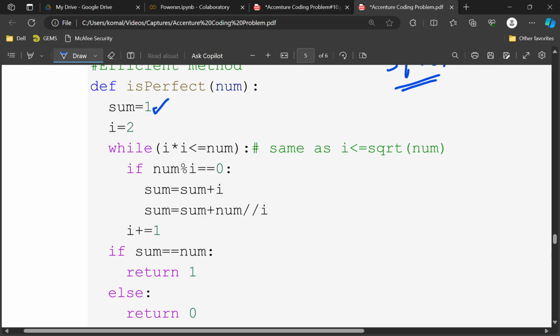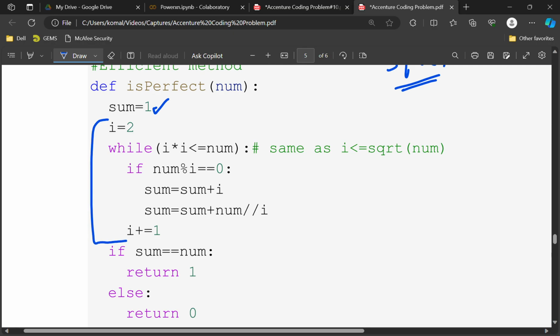The reason is, if sum is assumed as 0 and I start with i equal to 2, this 1 may be missed. That's why I am assuming sum equal to 1. As I said earlier, I am going to apply the same logic that I applied for finding whether the given number is prime or not using the square root method.